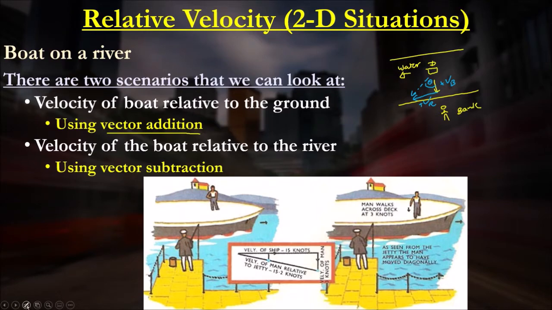If we were to do something slightly different, we were comparing just the water and the boat, you can see something slightly different. So the boat is here, it's coming down. We have the river going, or the water going this way, okay? If we want to look at what's the boat's relative velocity to the water, okay, according to the water, it's this vector arrow that we see here.